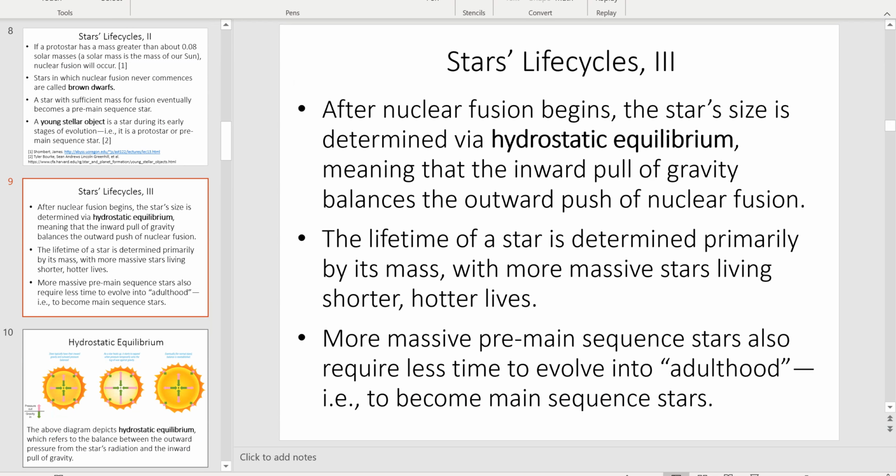Let's go back to the idea of hydrostatic equilibrium. This is an idea that I talked about when we discussed the sun. I said that the sun is very stable because the pressure that is exerted outward from the core due to nuclear fusion is balanced by the gravity of the sun.